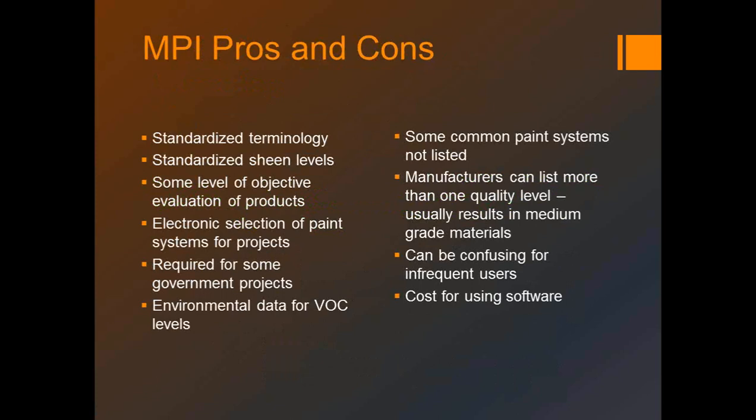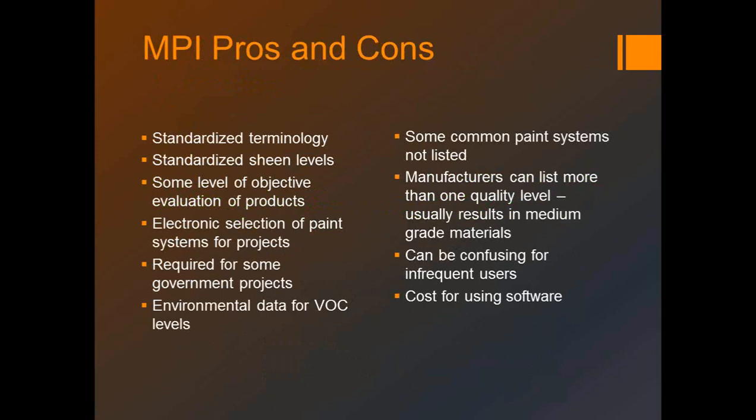The biggest issue with MPI probably is the fact that we manufacturers can list more than one product in an individual category. And as you list here, it says that it usually results in a medium grade material. More to the point, it normally ends up being the least expensive product in that category, unless there are some safeguards such as what we had there with the 3 proprietary products listed, where you would choose those 3 as being approved for your particular project out of that specific category.